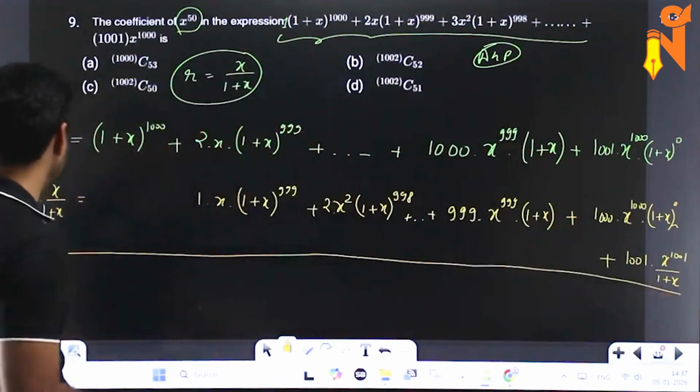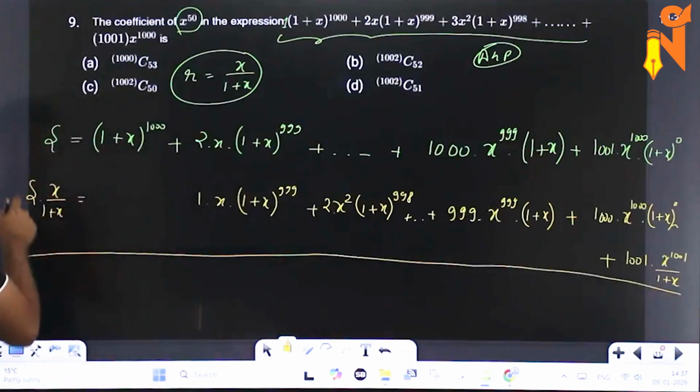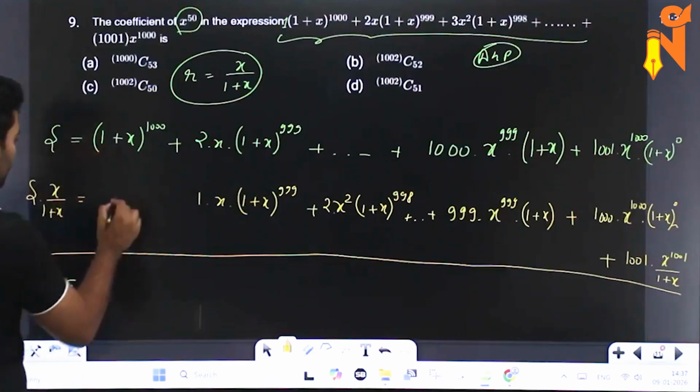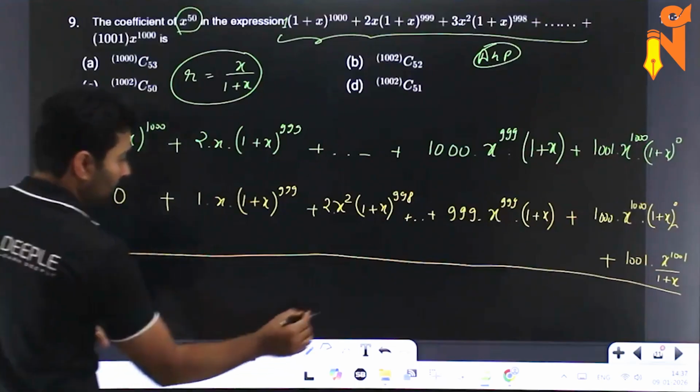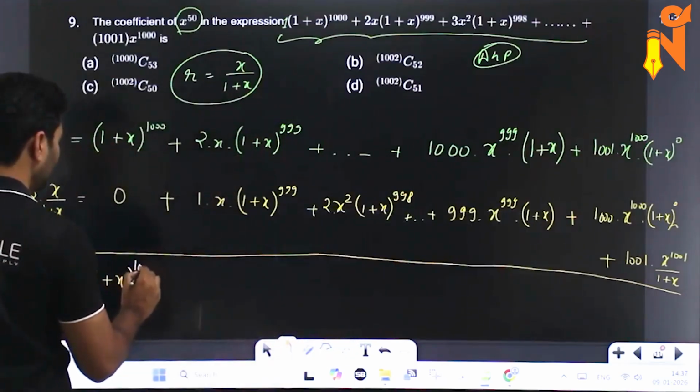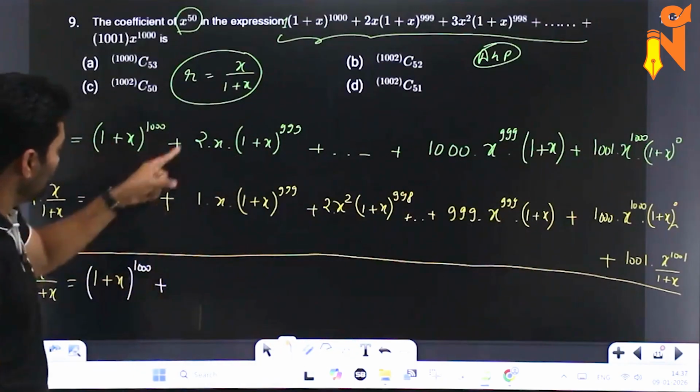But it is lengthy, obviously. So after subtraction, S upon (1+x) is equal to, after subtraction, next this will come down here because 0 here obviously. So now power how much? 1000 plus 2 minus 1, 1.